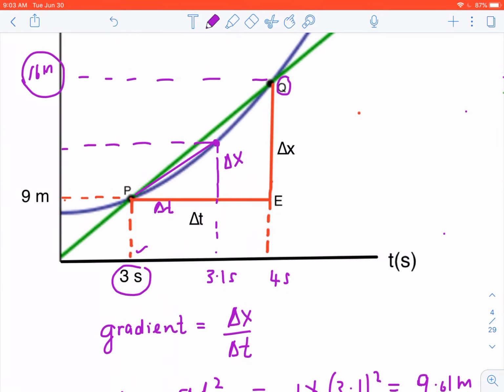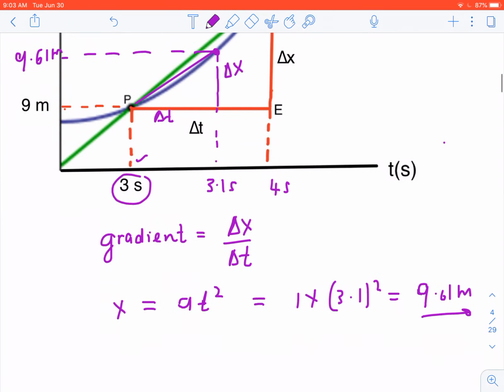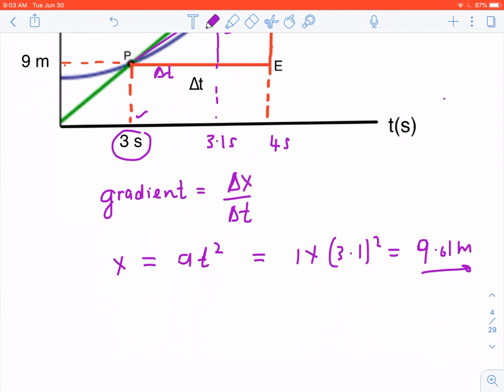So that means here it's going to be 9.61 meters. And what would our change in time be? So that's x.